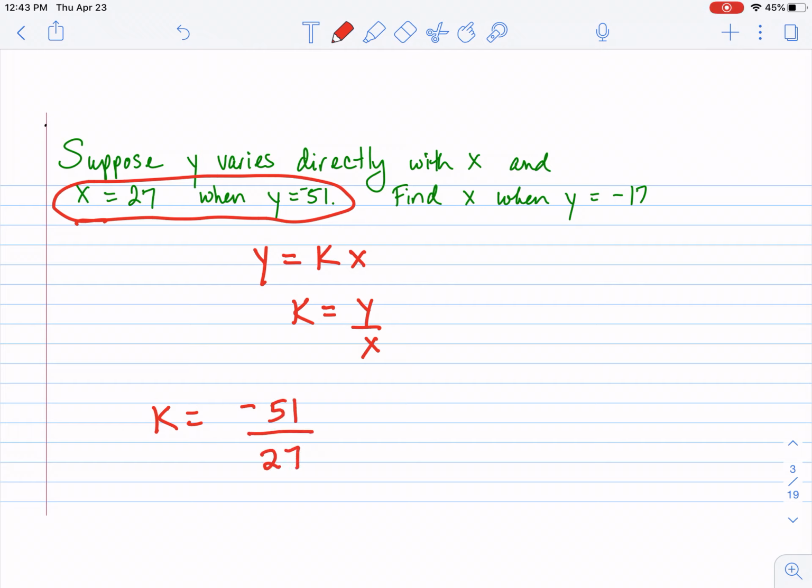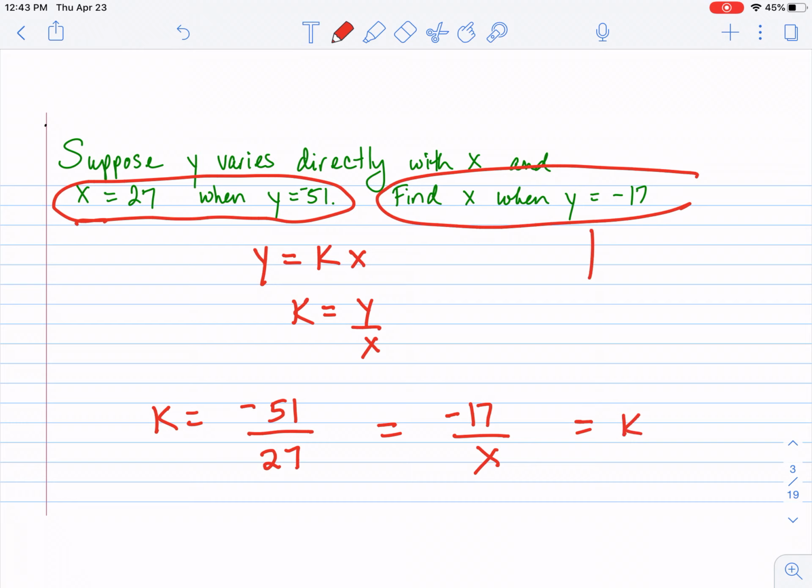That would equal the k over here, which would equal negative 17 over x. So I set up this proportion. This is my k for this problem here, and this is my k for this problem here. It's y over x and y over x.